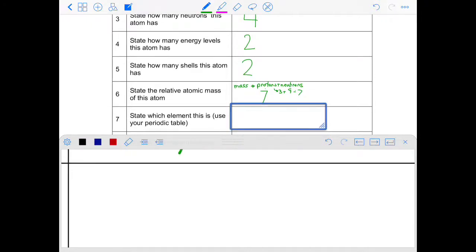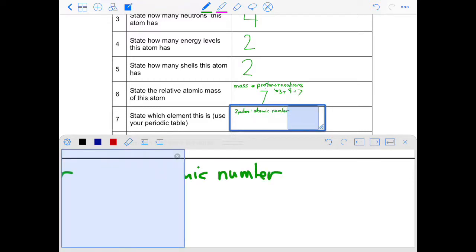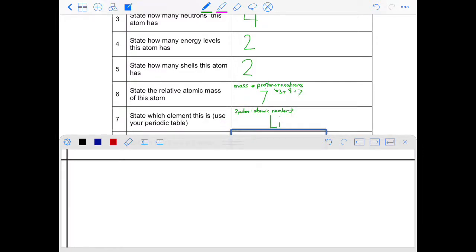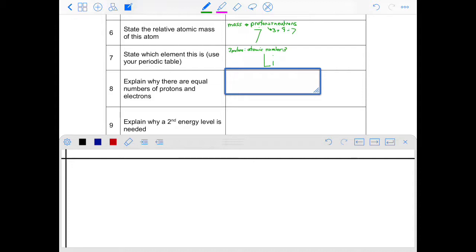So which element is this? Because we knew it had 3 protons, its atomic number was 3, so we know that it is lithium. Why are there an equal number of protons and electrons?